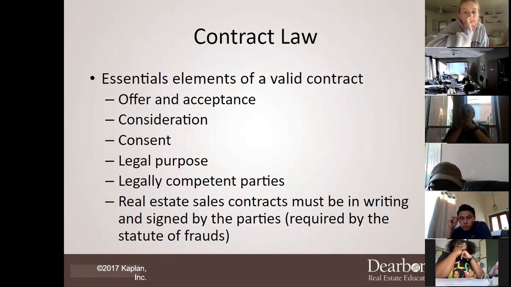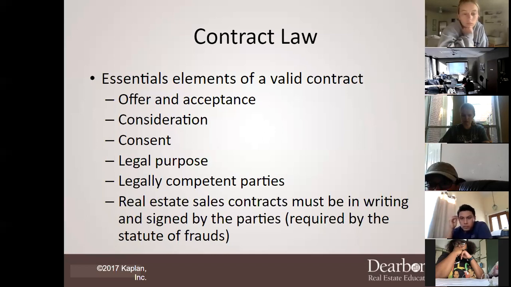Then whenever it closes, if everything goes through and the contract is executed, that money will go towards the total closing. So the buyer will only have to pay the $346,500. They'll cut that out of the closing costs. And you may see a question on the test that says, is earnest money consideration? So just remember, earnest money can never be consideration.